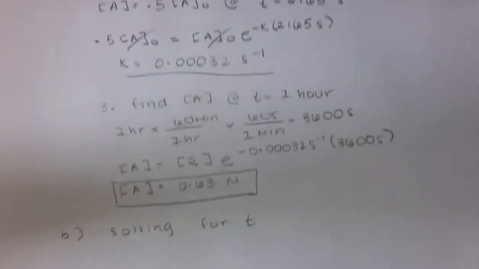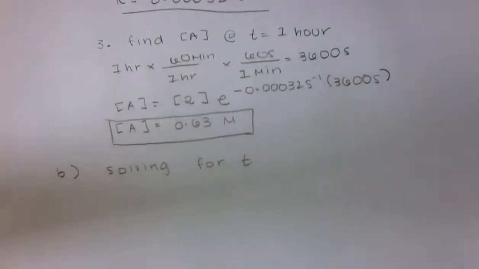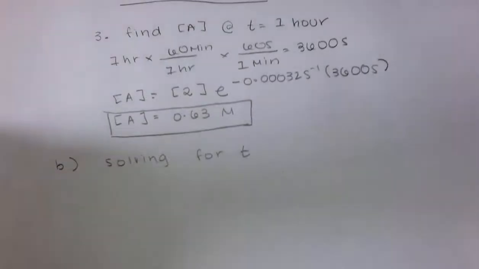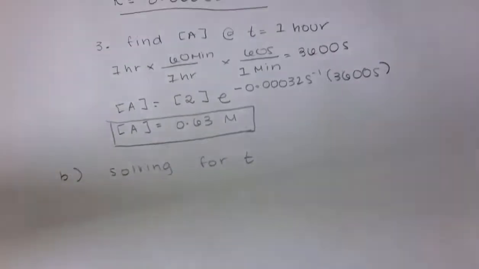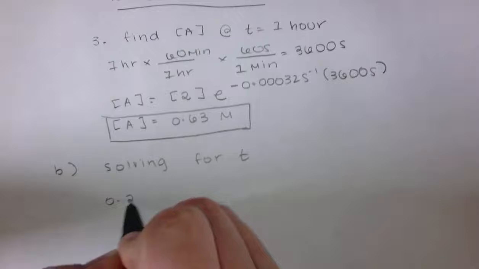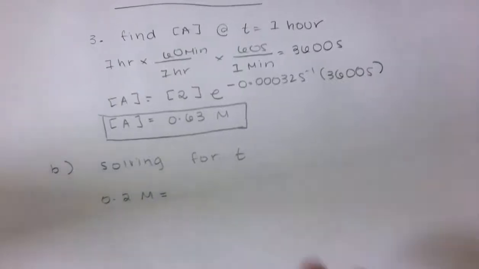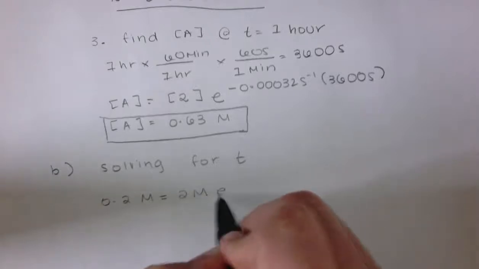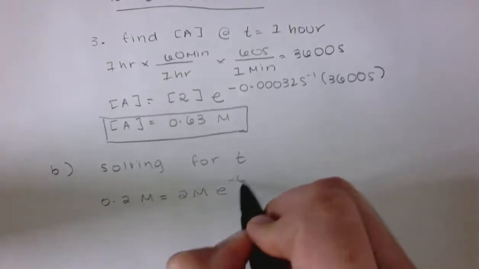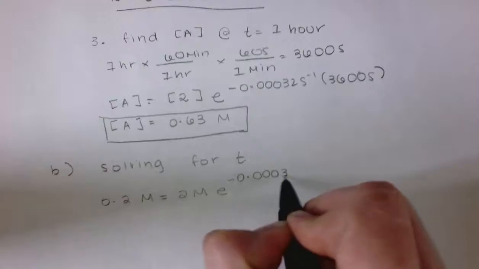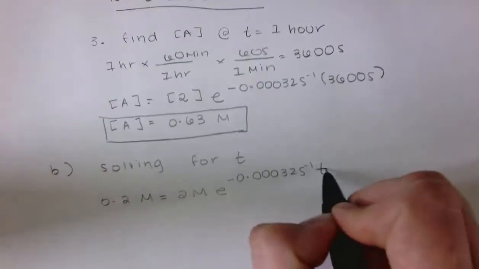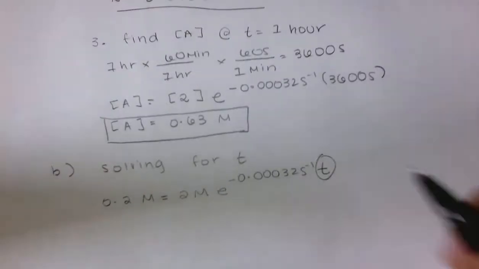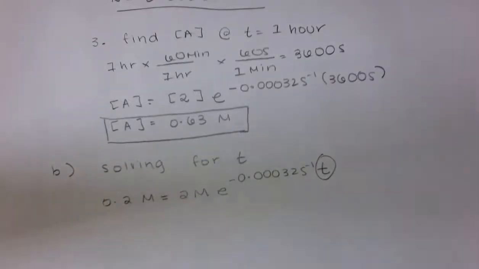So for part B, we're just taking our equation and solving for time. So we're given that A, the final concentration, is 0.2 molar. So we know that 0.2 molar equals the initial concentration of A, which is 2 molar, times e to the negative k times T. And we're just solving for T in this case.